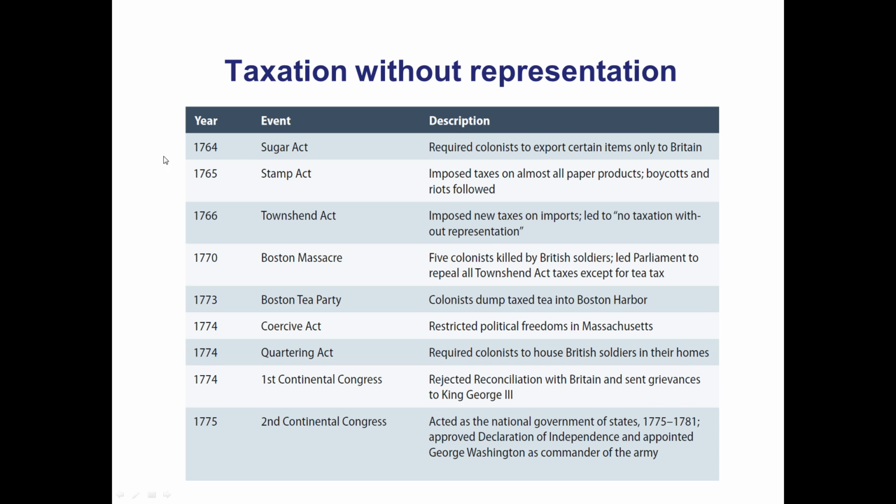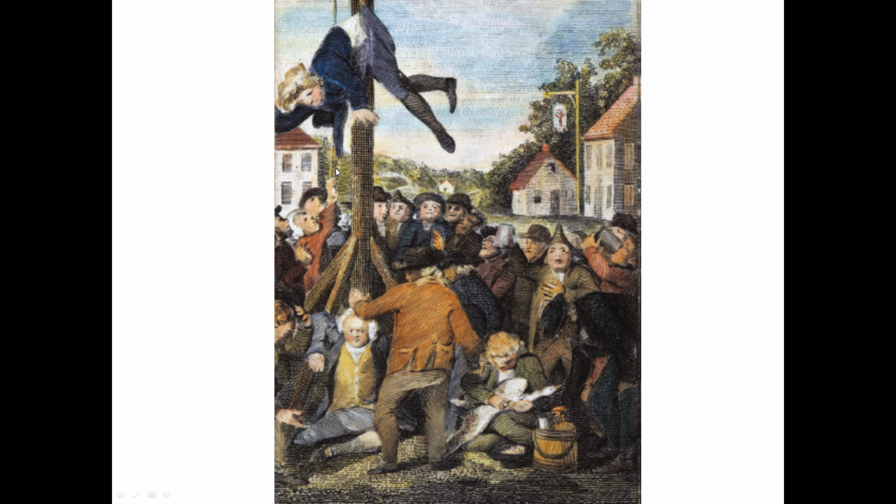So all this together basically just combines and through time has the effect of growing resentment toward the Crown in the colonies. You get scenes like this where again civil unrest often turns violent. This scene is depicting angry colonists tarring and feathering British officials.